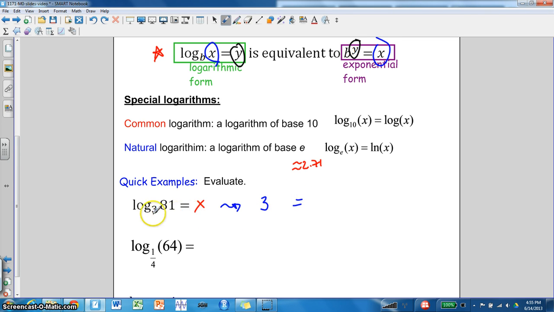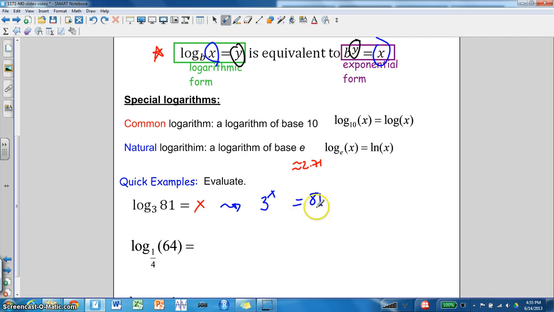Now I have to figure out what goes up here and what goes on the other side of the equal sign. Here, the output is x. That becomes the input in the exponential expression. And then 81 is the output. So now I need to think: 3 to what power is equal to 81? Well, x is actually going to equal 4. So 3 to the 4th is going to equal 81.